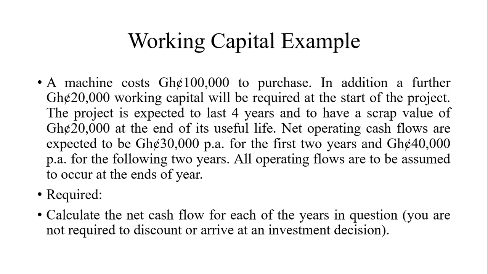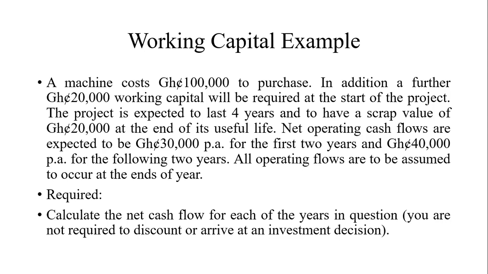Net operating cash flows are expected to be 30,000 Ghana cedis per annum for the first 2 years and 40,000 Ghana cedis per annum for the following 2 years. All operating flows are to be assumed to occur at the end of year. Required: calculate the net cash flow for each of the years in question. You are not required to discount or arrive at an investment decision.